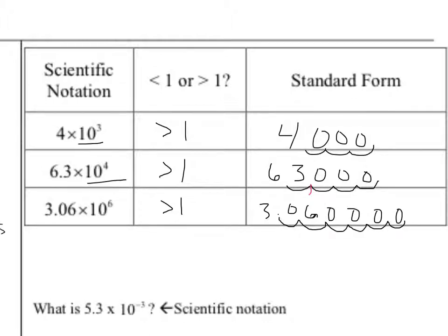Fill in my place values. And then I'm going to go back and erase that original decimal point. Then I'm going to add some commas to make this number easier to read. So I see this is 3,060,000. All right.